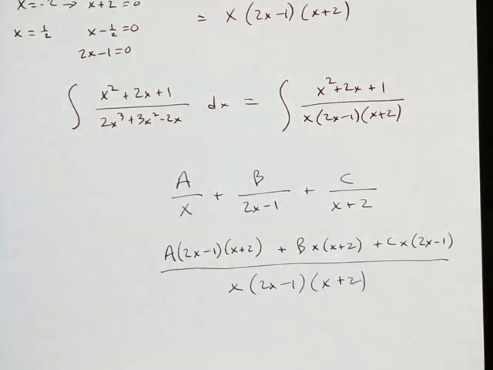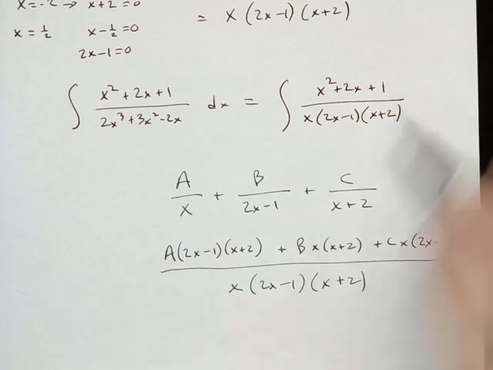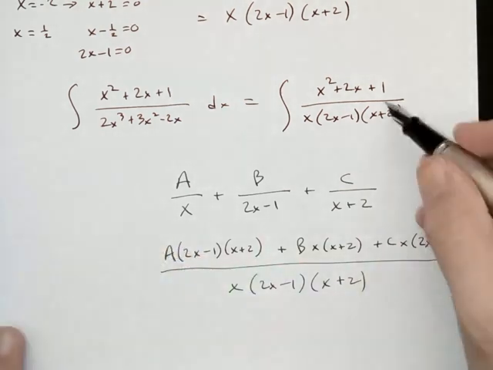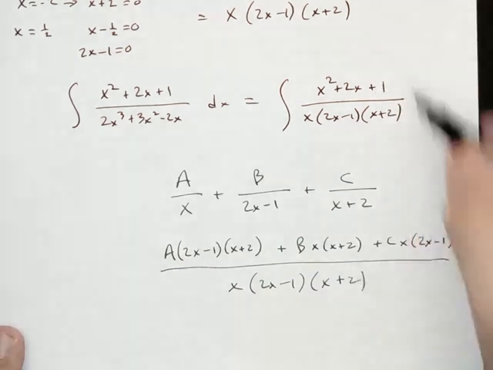Now I've written this a little farther to the right on my page, so I'm going to take the fraction that's our integrand and put it over here on the left. If I'd written this further to the left, I'd put it on the right. It doesn't matter. I want to set these two things equal to each other.